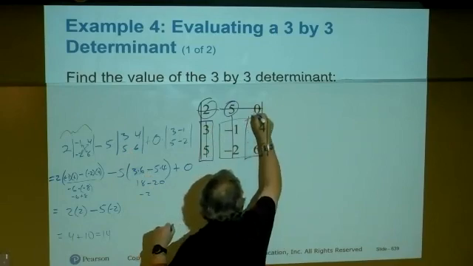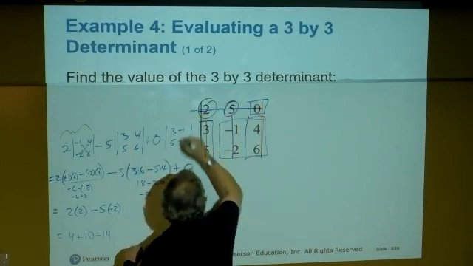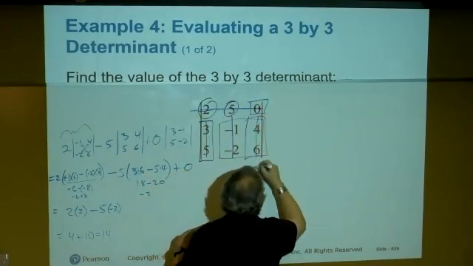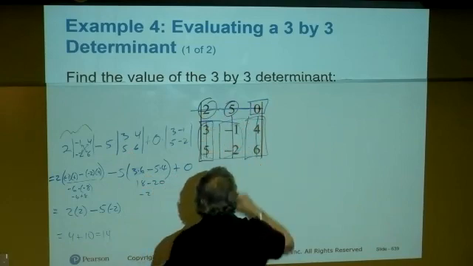And then I move on to the 0 over here, and I'm still ignoring that row. But now I'm going to ignore this column and I'm going to use these 4 numbers.